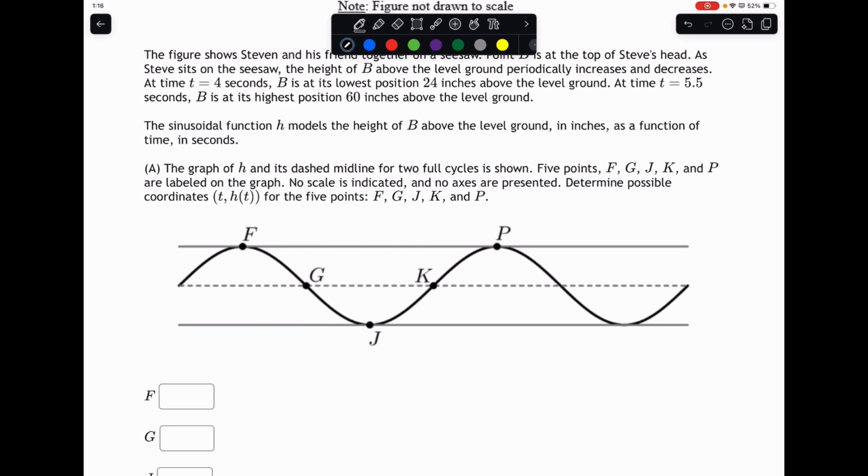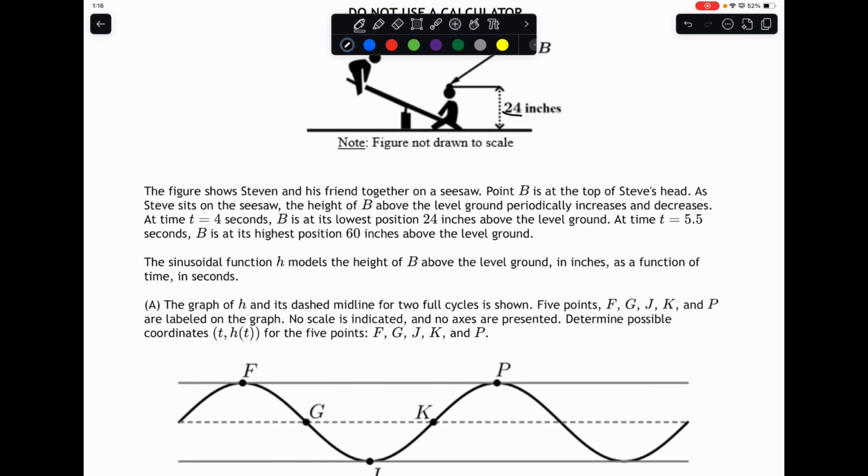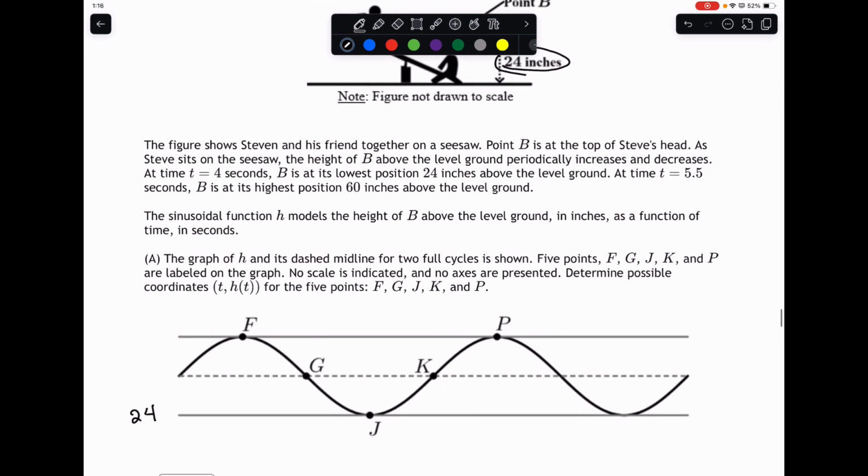So for part A, yet again, we're going to identify the x and y coordinates, or t and h(t) values, for the 5 points. Given that at its lowest position, this is going to be 24 inches. And we're told that at the highest point, point B is 60 inches from ground level.